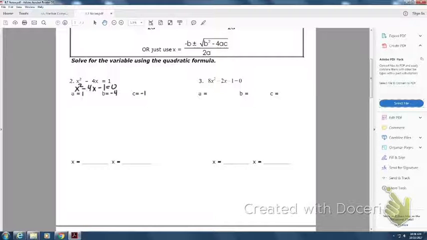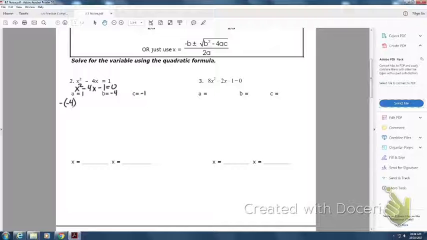Whenever you substitute the A, B, and C into the quadratic formula, especially if you're going to put a big chunk of this into the calculator, put parentheses around it, please. So let's go ahead and take this A, B, and C. We're going to plug it up into the formula up there. So I've got the first negative. That negative belongs to the formula. And then I've got negative 4.